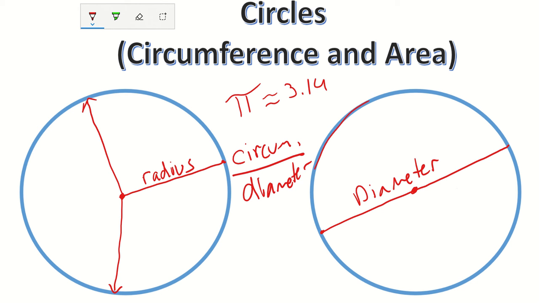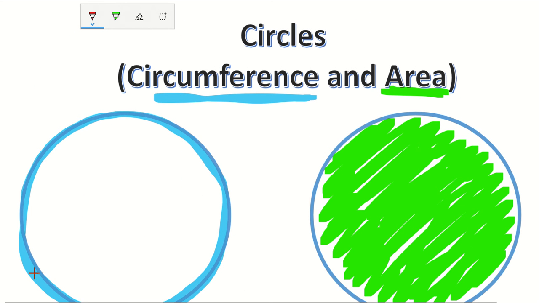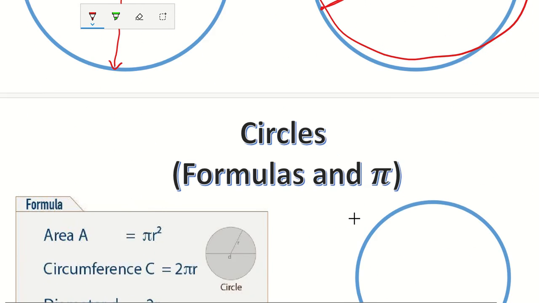You get the outside measurement and divide it by the diameter, and you always get pi, which is approximately 3.14. This is a very important number that we need in order to calculate the circumference and the area.